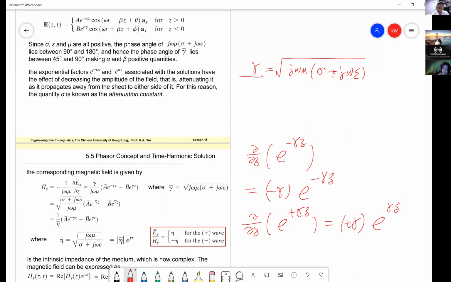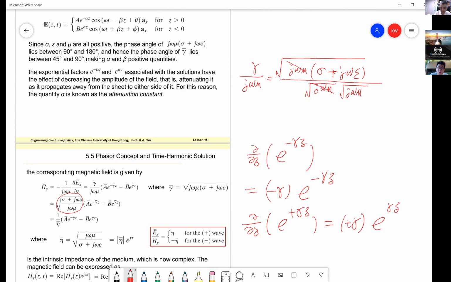If we take gamma divided by j omega mu, then I can say this equals this. Do you agree? In this case, I can cancel one square root and have another one left. So this is how we got this term.